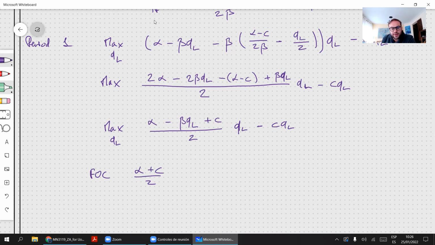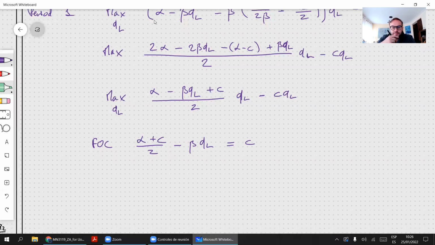Then I get minus beta QL, and QL is to the power 2. When I derive, the 2 is going to go down, and it's going to cancel with the other 2. So this is minus beta QL, minus C, equal to 0. Is that correct?